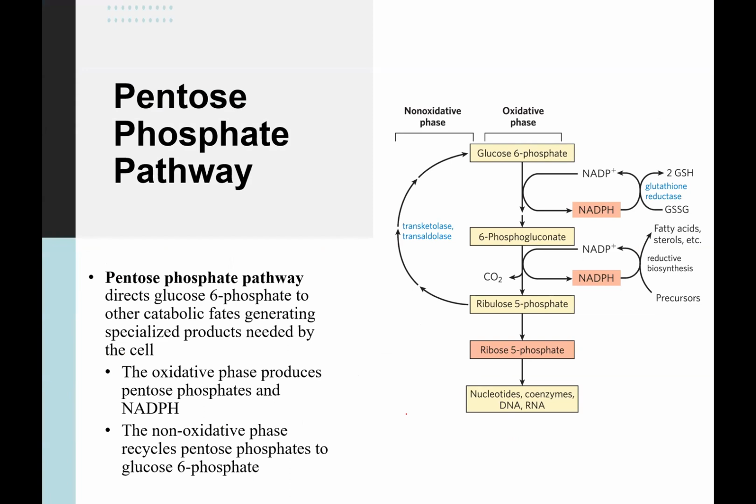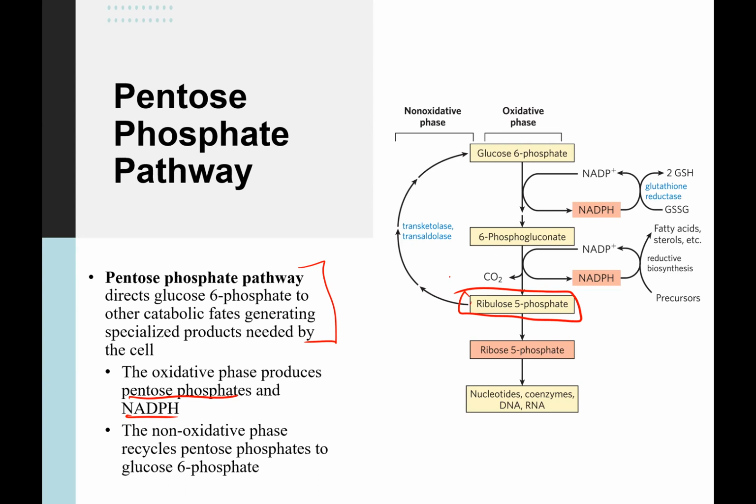Okay, so moral of the story, the pentose phosphate pathway directs glucose 6-phosphate to other catabolic fates, giving us these specialized products we just talked about that are needed by the cell, i.e. pentose phosphates and NADPH. It has an oxidative phase and a non-oxidative phase. The non-oxidative phase will recycle. Remember, the overall reaction showed the product is ribulose 5-phosphate, right?